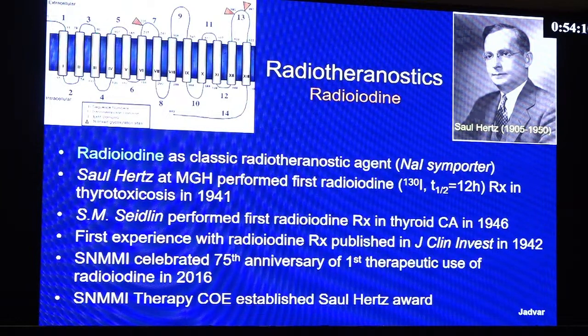And they went across the Charles River in Boston, and they had iodine-130, as you can see here, with a half-life of hours, and gave it to Dr. Hertz, and he treated the patient. That was the beginning of theranostics. Later on, Dr. Seidlin performed the first radioiodine treatment in thyroid cancer.